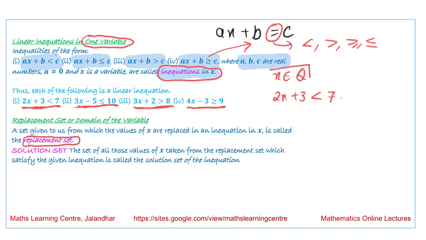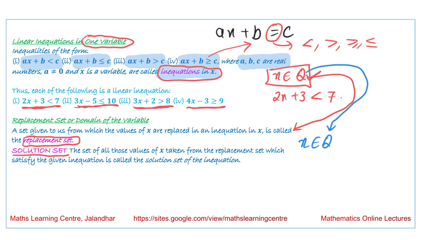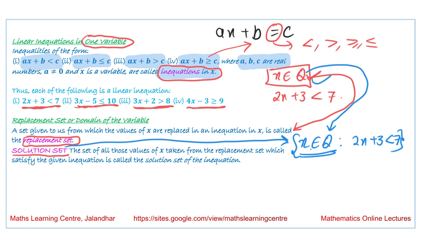We say x belongs to Q. So the replacement set, that is just the domain, is Q, and the solution set is the set of all those rational numbers which satisfy 2x + 3 < 7. It is those elements of the replacement set which satisfy this inequality that are called the solution set.